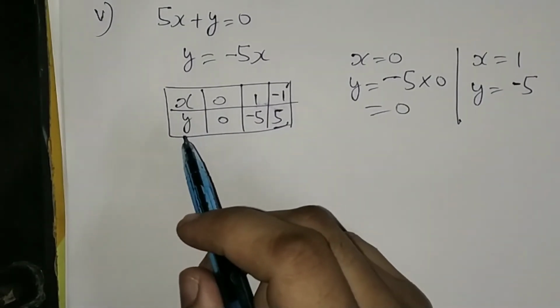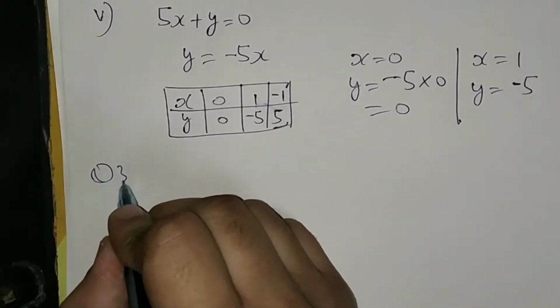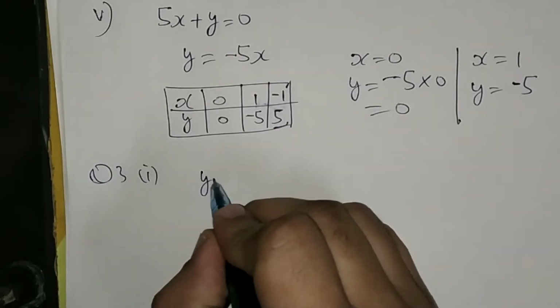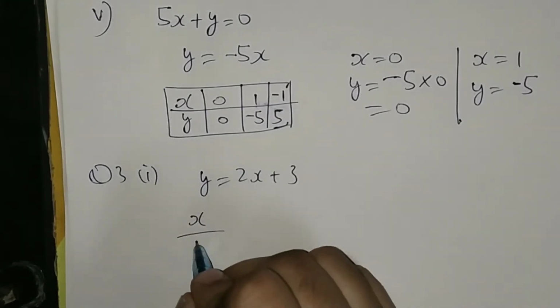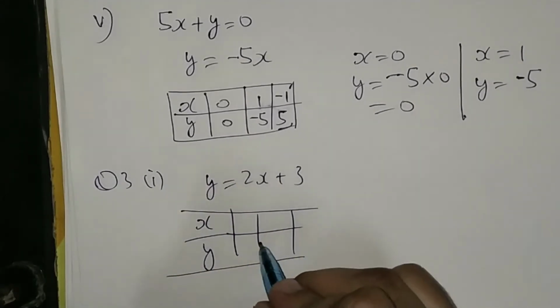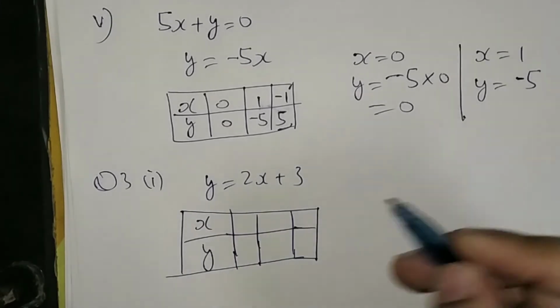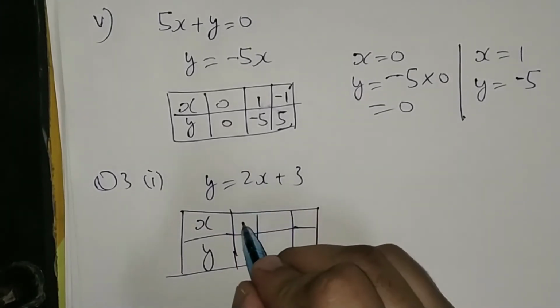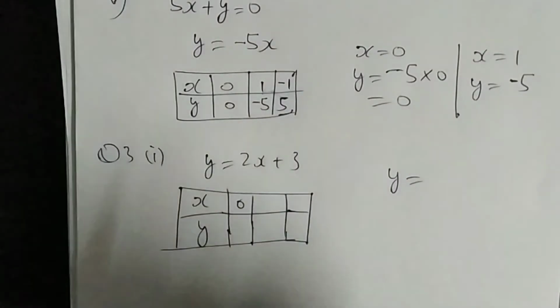We will take some more examples. Now from this third question, first part, y equal to 2x plus 3. Again make a table here. Let x equal to 0.